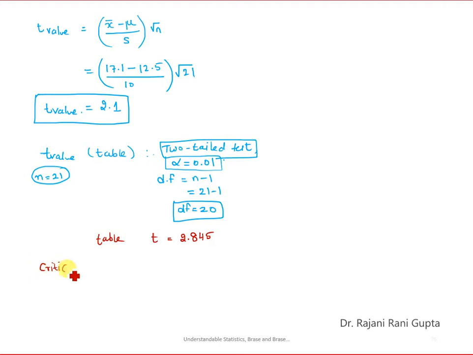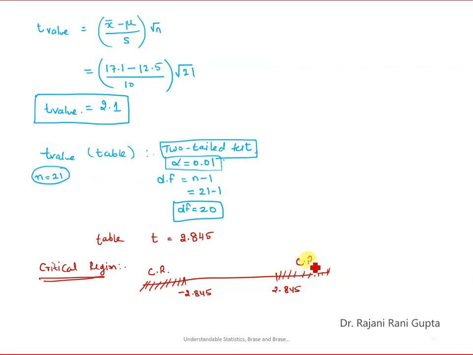Now with this t value from the table, we find the critical region. Again we'll use the same concept. Take a line, draw the points 2.845 and minus 2.845. The critical region is on the left side of the negative value and on the right side of the positive value.